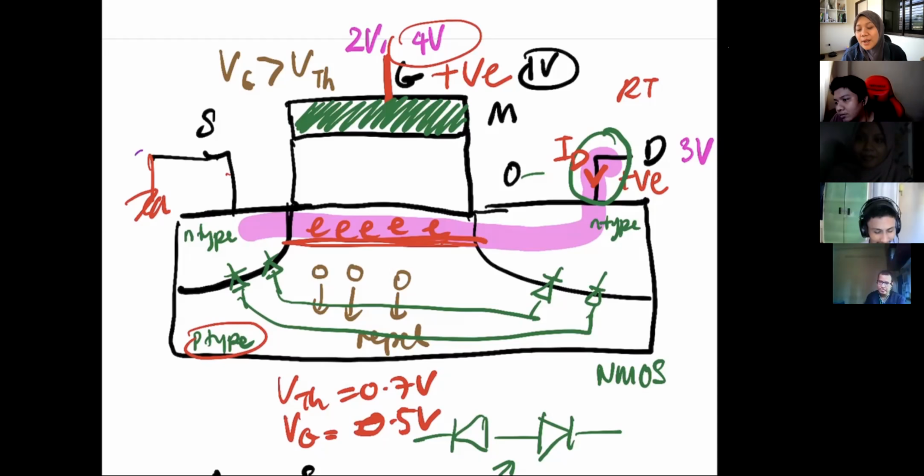Okay. So can you say in one sentence about the current? So do you agree? Which one do you agree with, Mirza Azhar or Mirza Ashraf? Don't agree with either? I think Mirza Azhar. So you are saying the current will increase because? More concentration of electron.